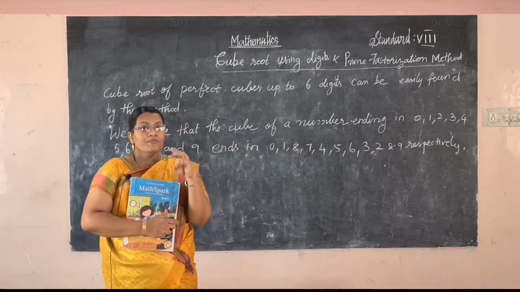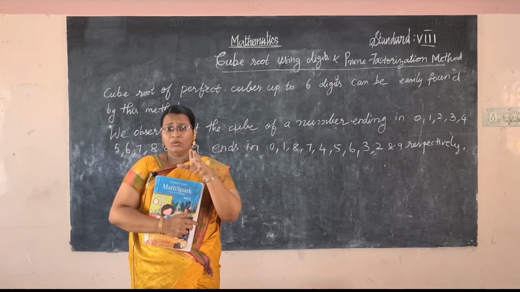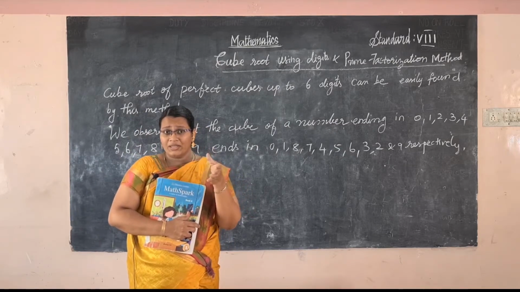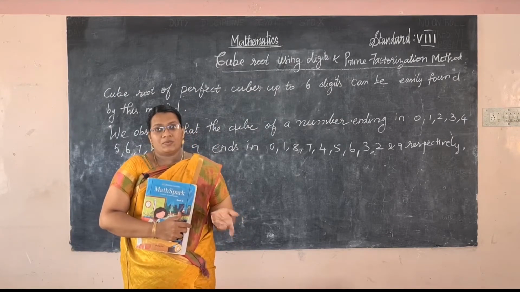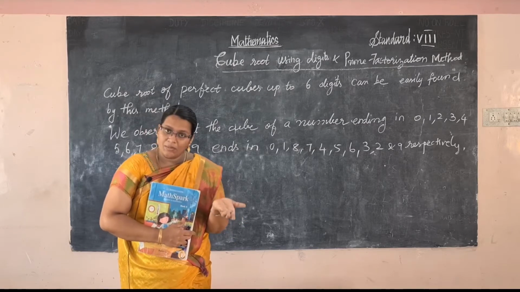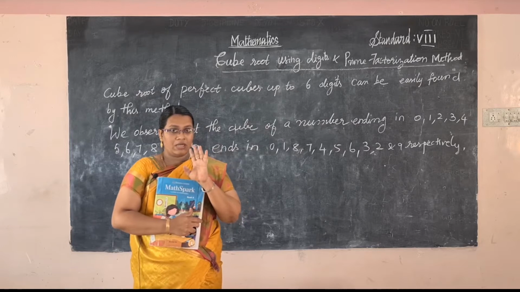And the fifth is that the cube of the product of any two natural numbers is equal to the product of their cubes. I hope everyone has learned well.